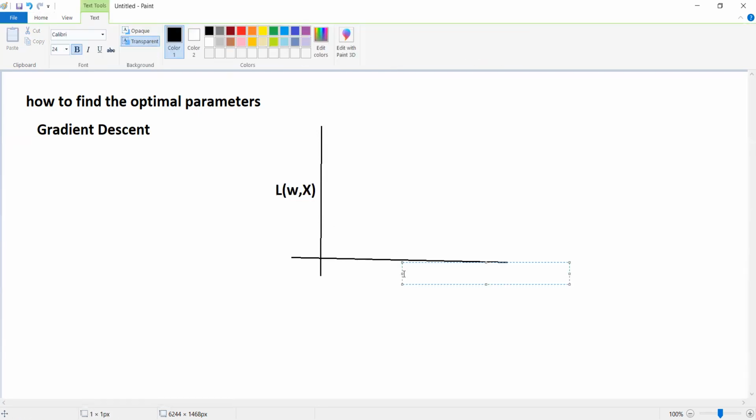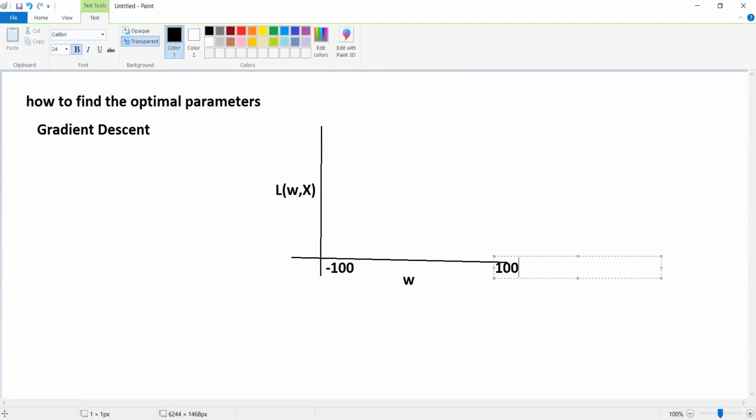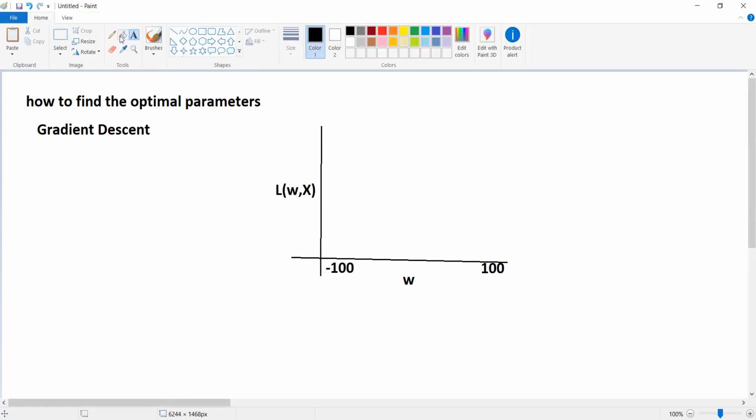So our loss function is for different values of W. Let's say W goes from minus 100 to 100. For different values of W, what is our loss? We use that W as the parameter and we calculate, using the loss function, let's say mean squared error or whatever.